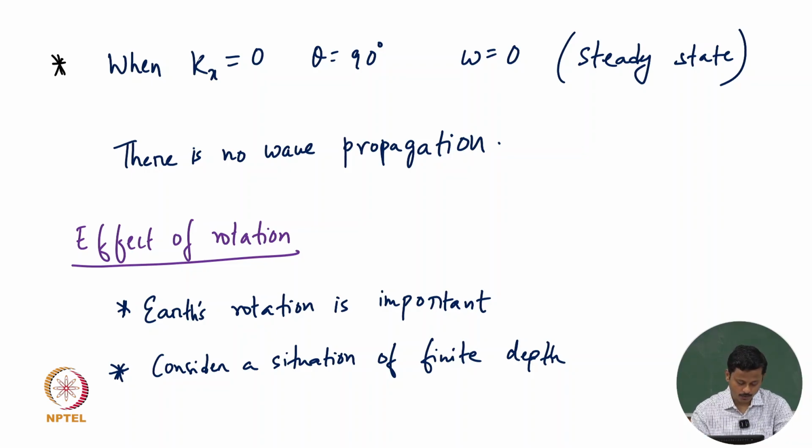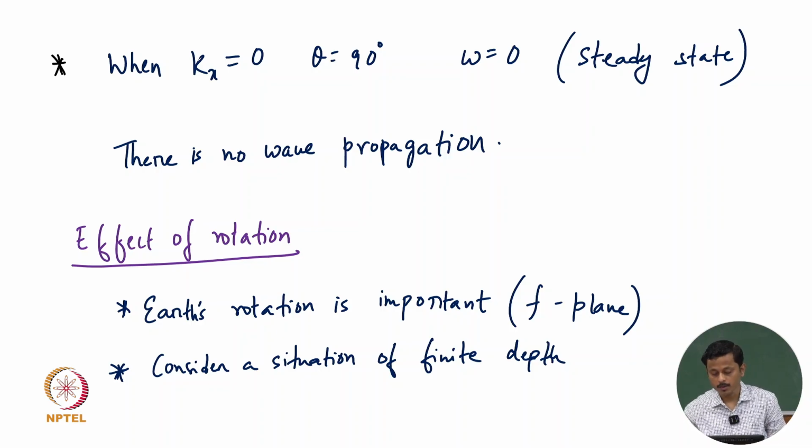So we have said that Earth's rotation is important, but we assume only an f-plane approximation. Please recall that f-plane is where the Coriolis parameter is assumed to be constant, whereas beta plane is where the Coriolis parameter is considered to be varying with the meridional direction.